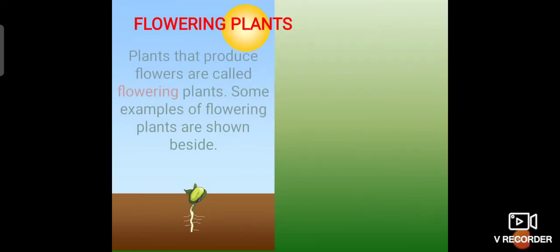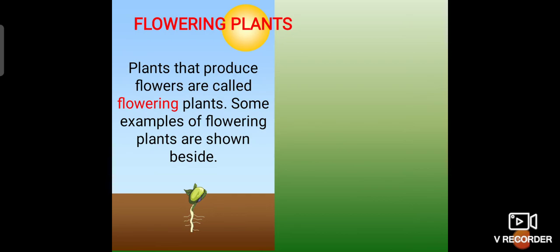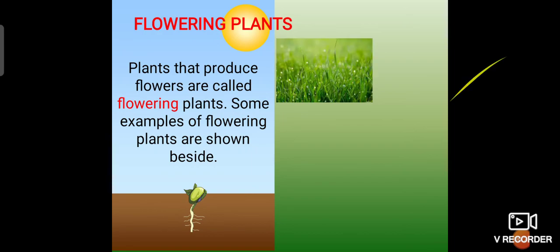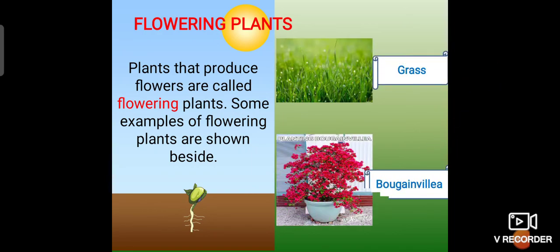Why do we call them flowering plants? Because plants that produce flowers are called flowering plants, such as bougainvillea, ixora, orchid, and rose. You can name all the flowering plants, and those are examples of flowering plants.